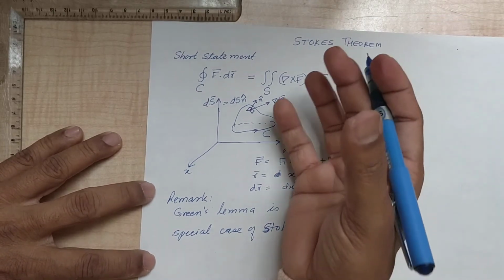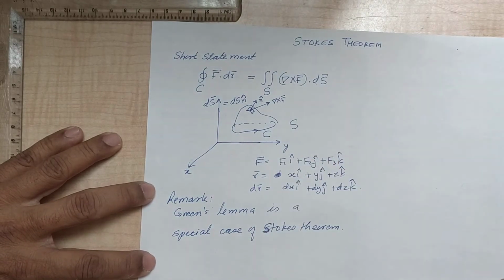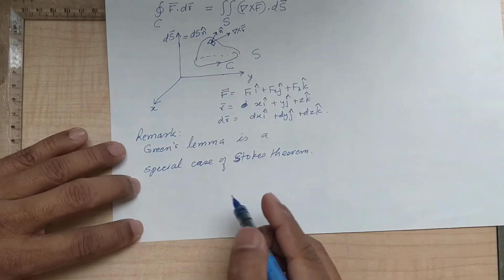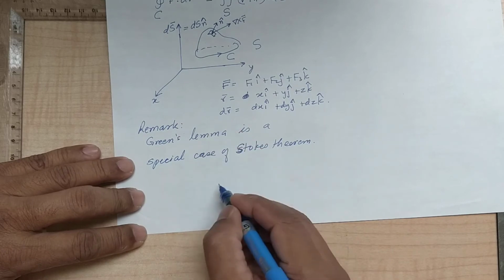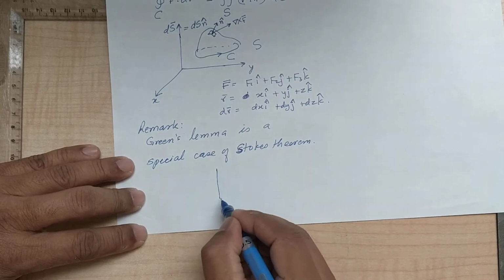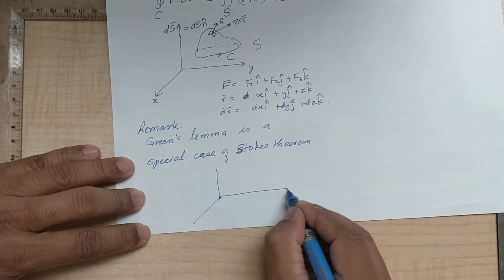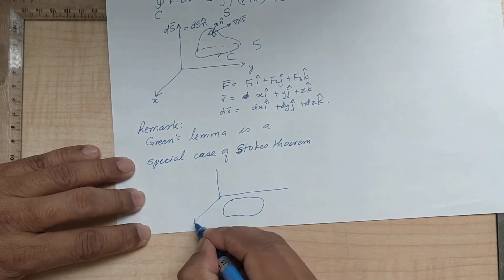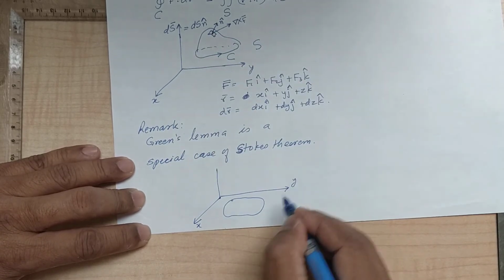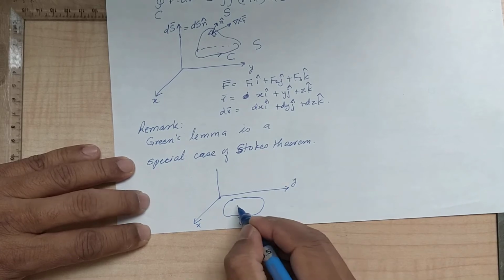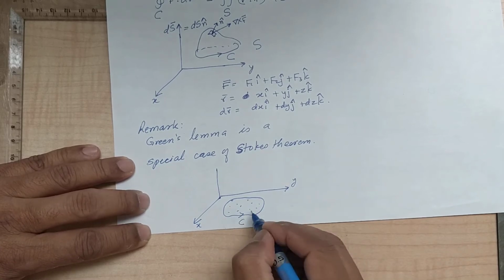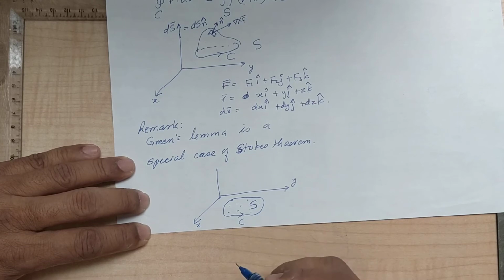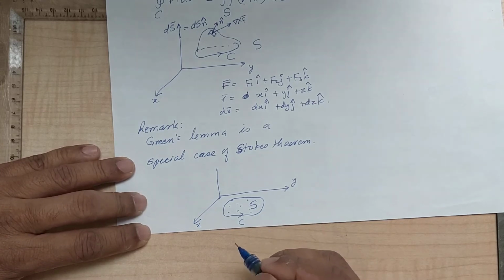So we want to reduce this to the two-dimensional situation, and so if I have to draw the diagram, the surface S is now in the xy plane. So this is my curve C, and the points enclosed by C is the surface S. All right.